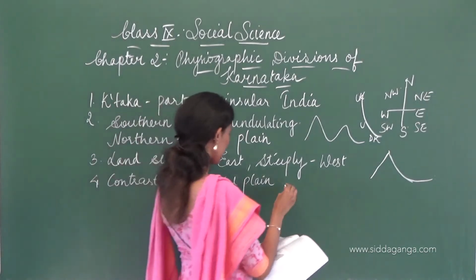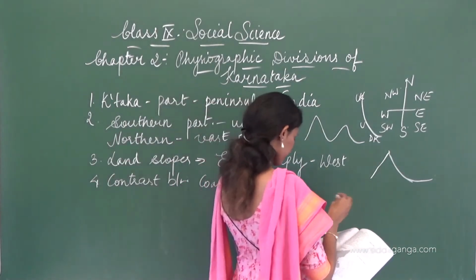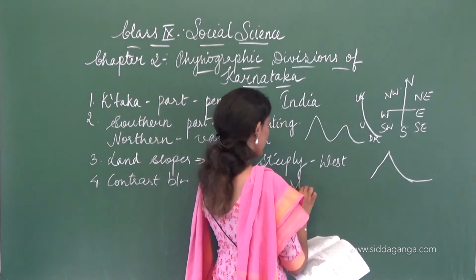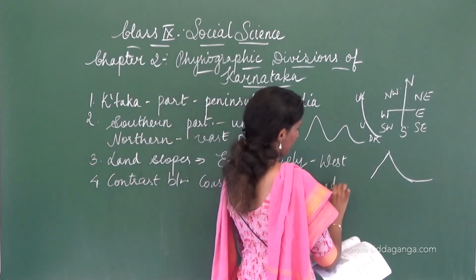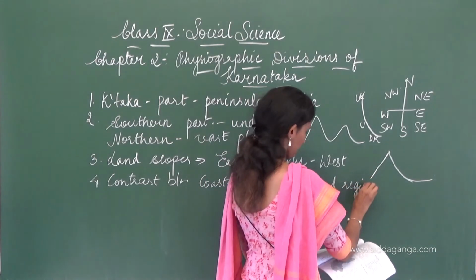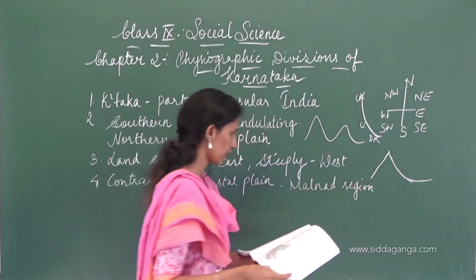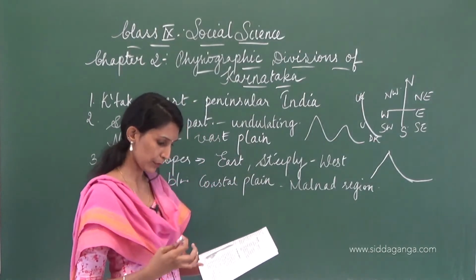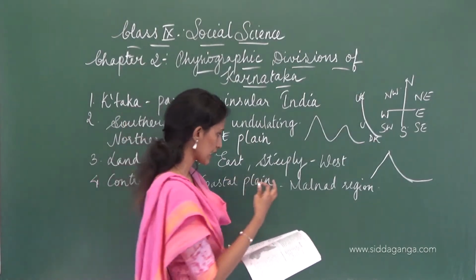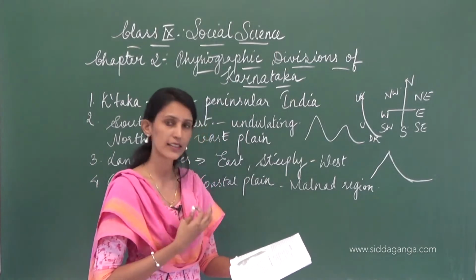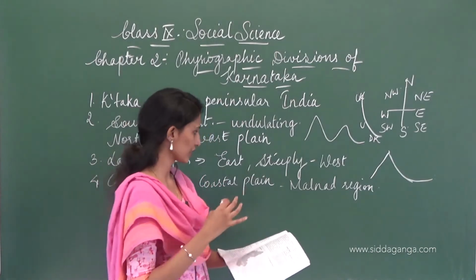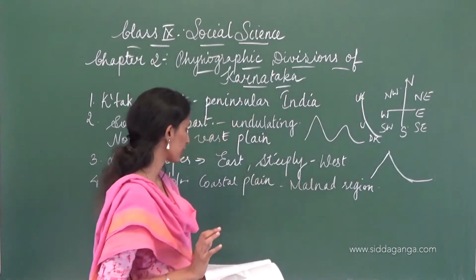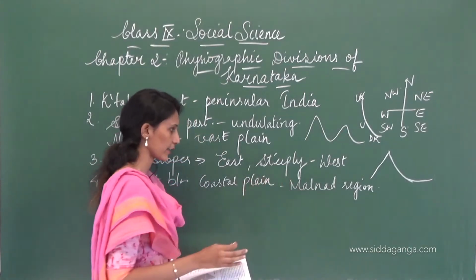Contrast between the coastal plain and the Malnad region. Now, this Malnad region is, see the map on page number 93, between the coastal areas and the dry land. The area between the coastal and the dry areas is the Malnad region.